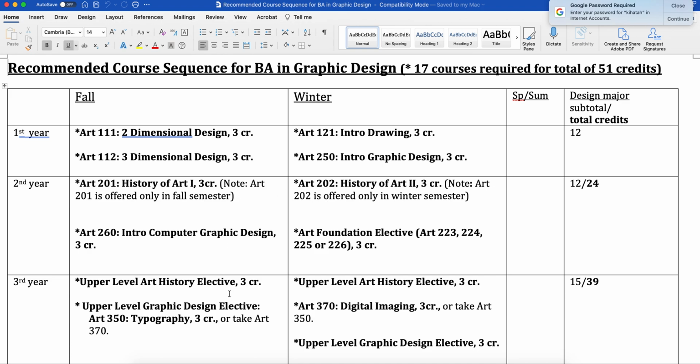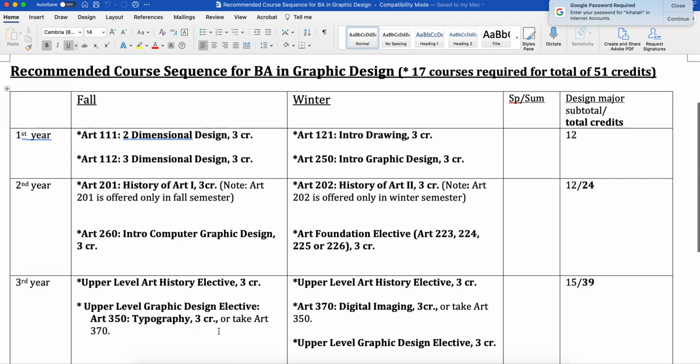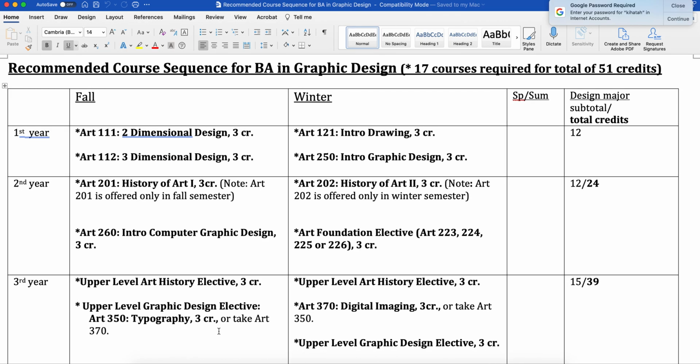Then advanced art history has to wait until the fourth year, and it's not a good idea to take advanced art history in the fourth year, because if you didn't do well, you have to wait a whole year. Many students have a hard time with advanced art history.